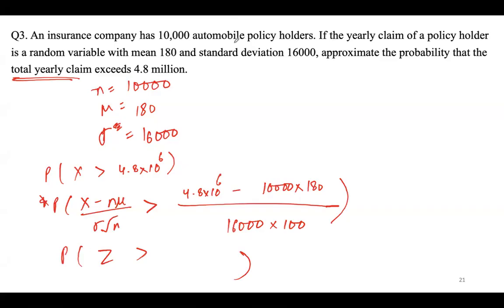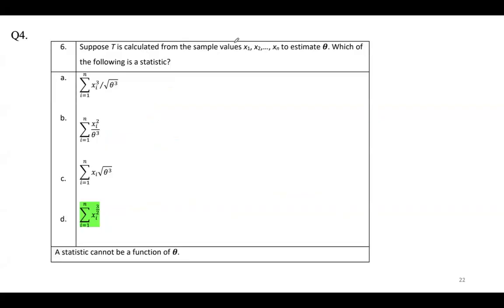Okay. The next question where we went on to talk about estimators is, so T, that's the statistic, it's calculated from sample values x1, x2, and xn. We want to estimate some sample parameter theta. Now, I was a little late, so I did not have time to write down. So I've just taken a screenshot of where I have the question from. So the answer is already here. But the main logic behind this is all of these could be estimators.